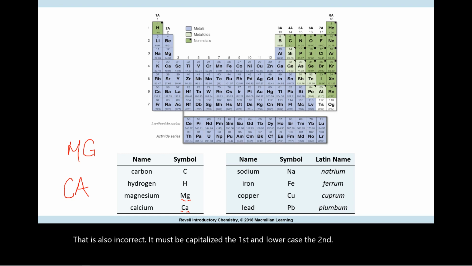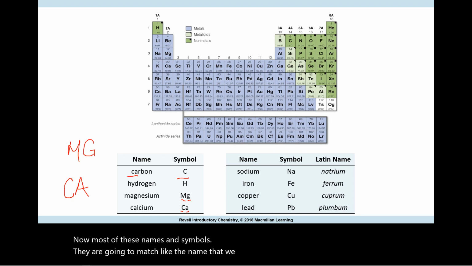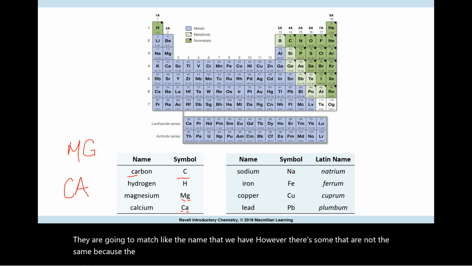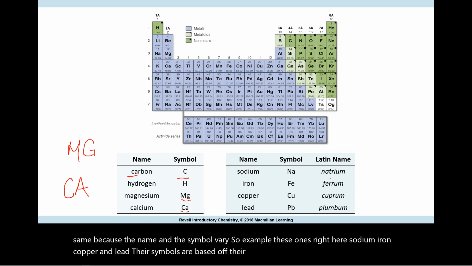Now, most of these names and symbols are going to match the name that we have. However, there are some that are not the same because the name and the symbol vary. For example, these ones right here, sodium, iron, copper, and lead, their symbols are based off their Latin names.